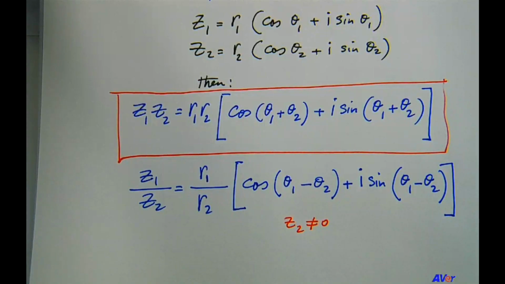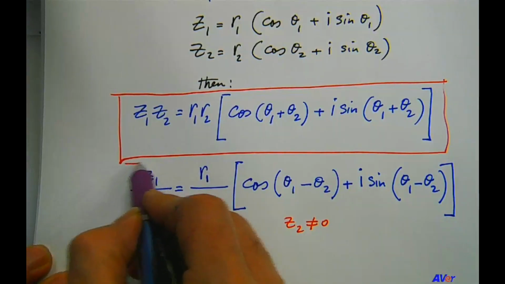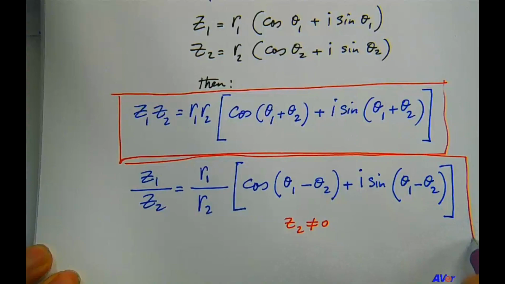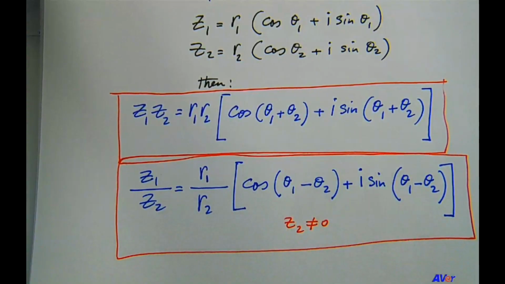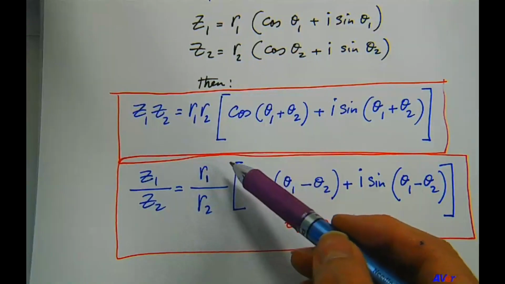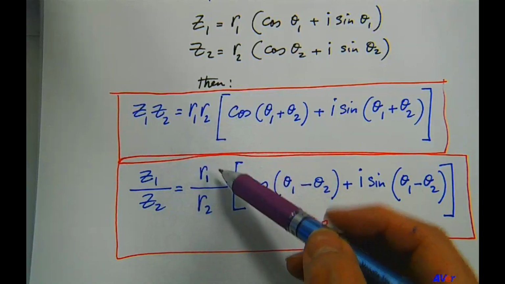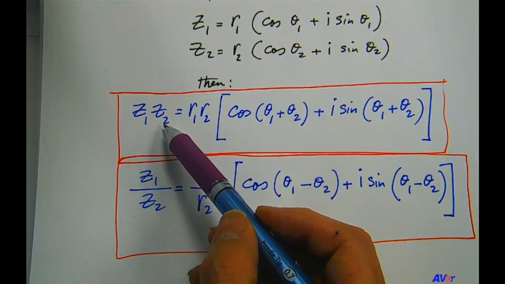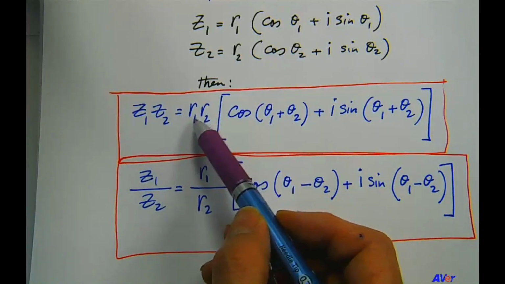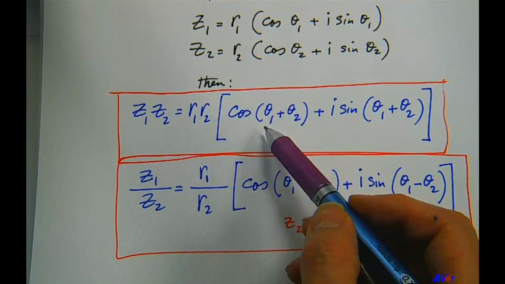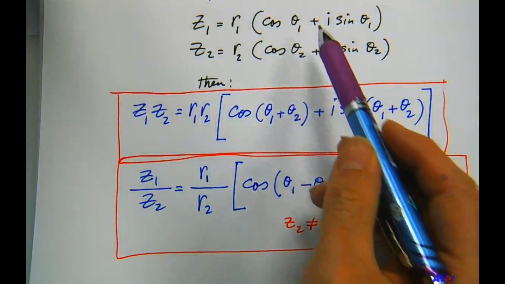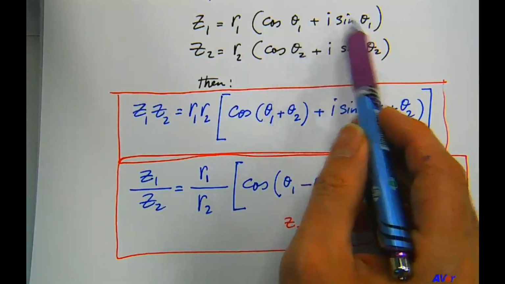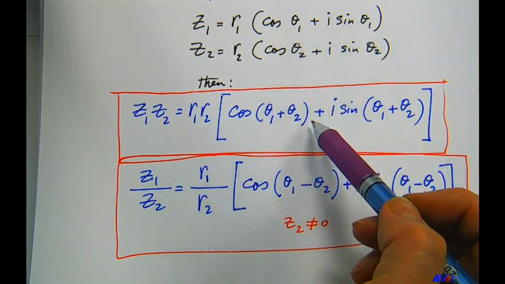Okay, so there is definitely a pattern or easy way of remembering these two formulas. For multiplying two polar complex numbers, multiply their moduli, and then cosine of theta 1 plus theta 2 plus i sine of theta 1 plus theta 2.